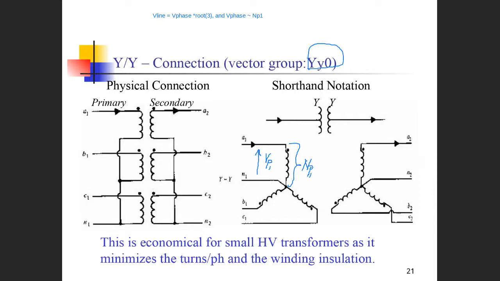Then for each phase we need 220 turns. If it is one volt per turn, we require 220 turns.